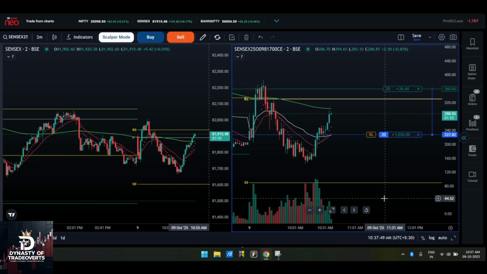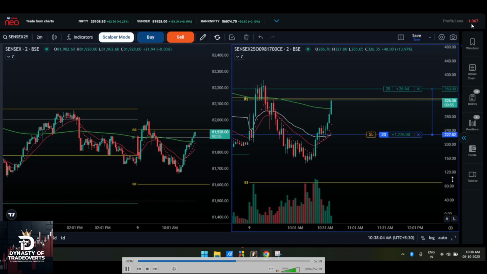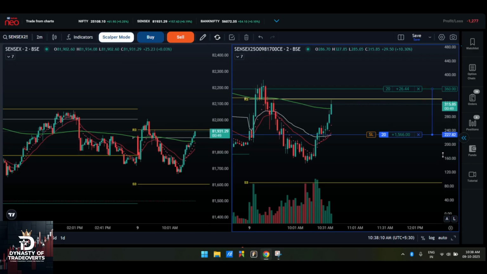That's a really good profit if I was not trying to recover my losses. But the greedy, the fearful, the revenge trader that I am, that is not satisfying me. I want to completely recover all this loss. See, this is a huge jump. I should have immediately booked my profit there, but I'm not doing that.